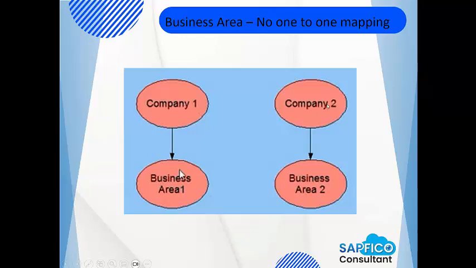Business area two can be used for company code two. Or you can even do cross. Company two can post to business area one and company one can post to business area two. But if you want to restrict the postings of a business area only to a particular company code, then you need to write the validations in the system so that system users cannot post across company codes.